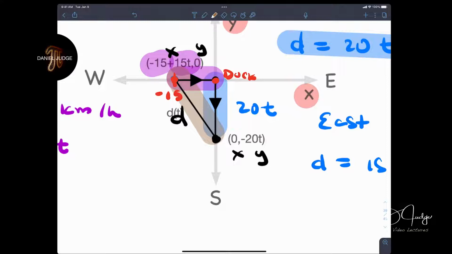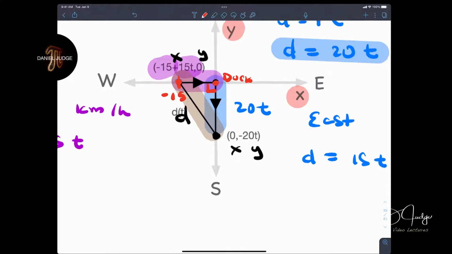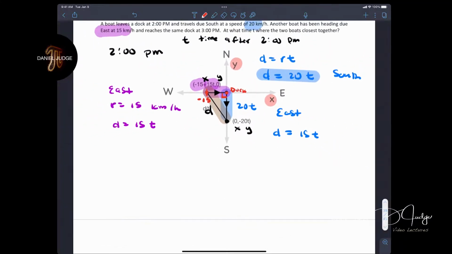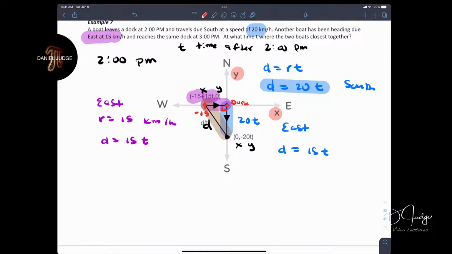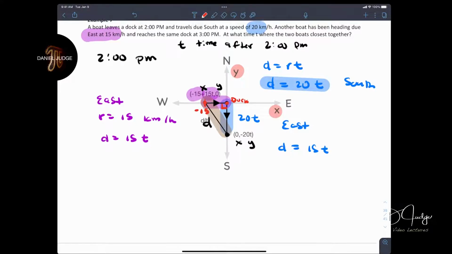And if you see this, you say, well, that's interesting, that forms a right triangle. I wonder if that has anything to do with what we're going to do. And the answer is yes, it does. They want that shortest distance kind of thing. At what time t are the two boats closest together? That's a shortest distance kind of question.